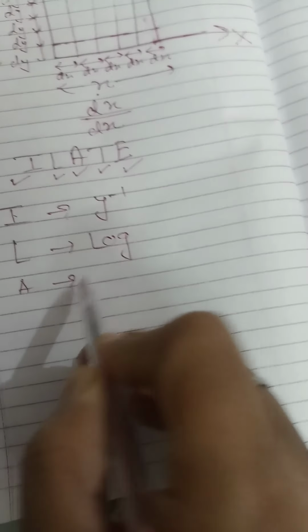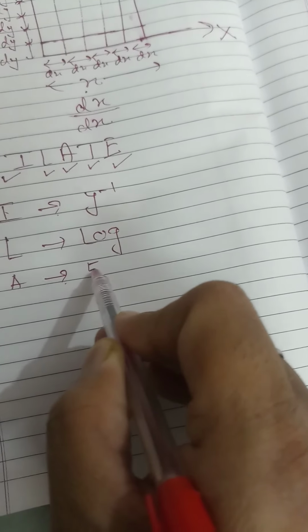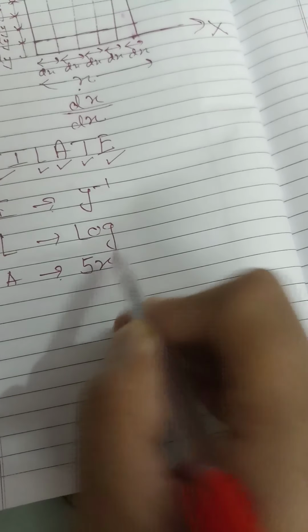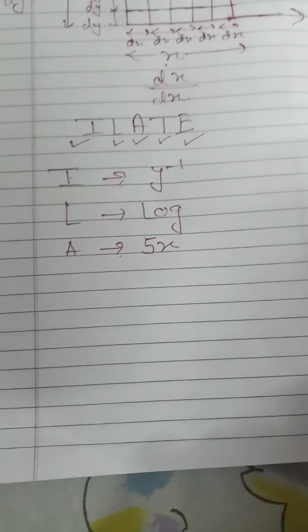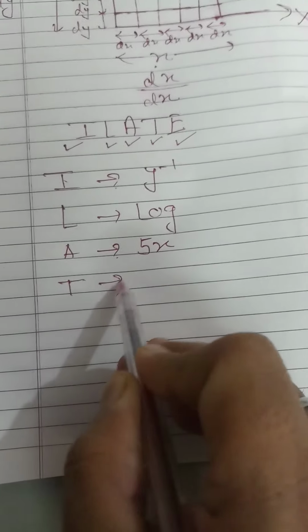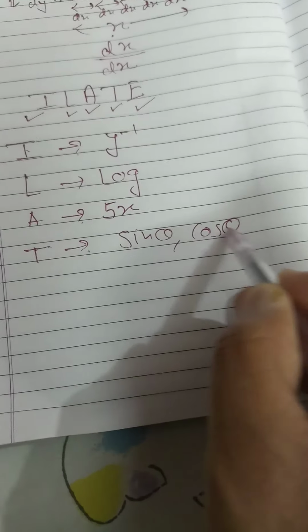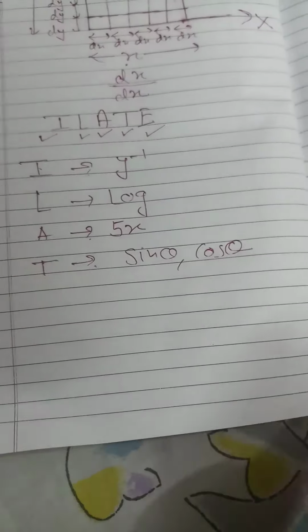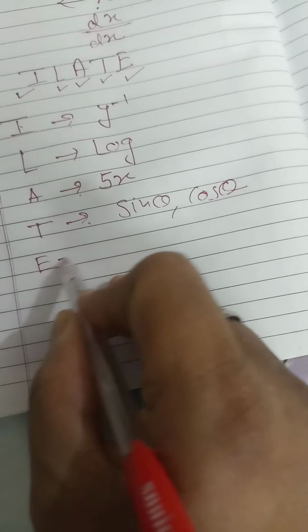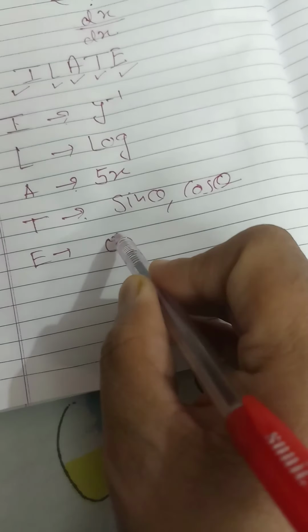Arithmetic means, if I write 5x, where x is any variable, this is arithmetic. Trigonometric means sine theta, cos theta, like this. And E stands for exponential functions like e to the x.